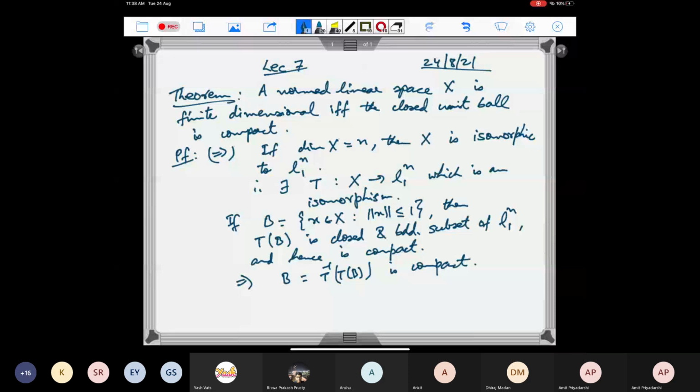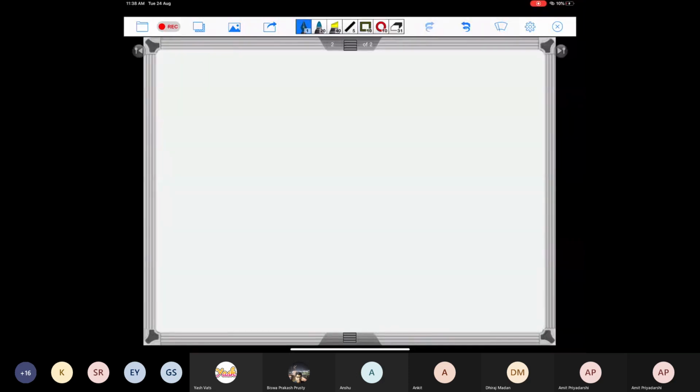So okay, so now the closed unit ball is compact, and then we have to show that it is finite dimensional. So suppose B equal to the set of x in X such that norm of x is less than or equal to 1 is compact.